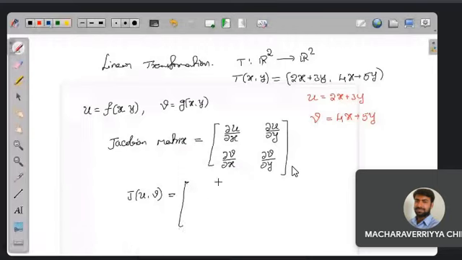Okay, so all that I need to do is derivative of u with respect to x here, and derivative of u with respect to y, and derivative of v with respect to x, and derivative of v with respect to y. So what will it be? So you see that derivative of u with respect to x is 2, and with respect to y is 3, and with respect to x, derivative of v is 4, and this is 5.